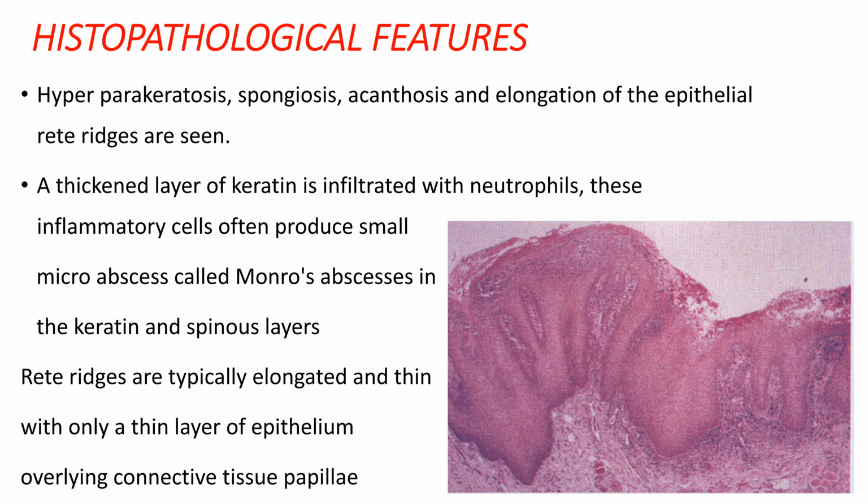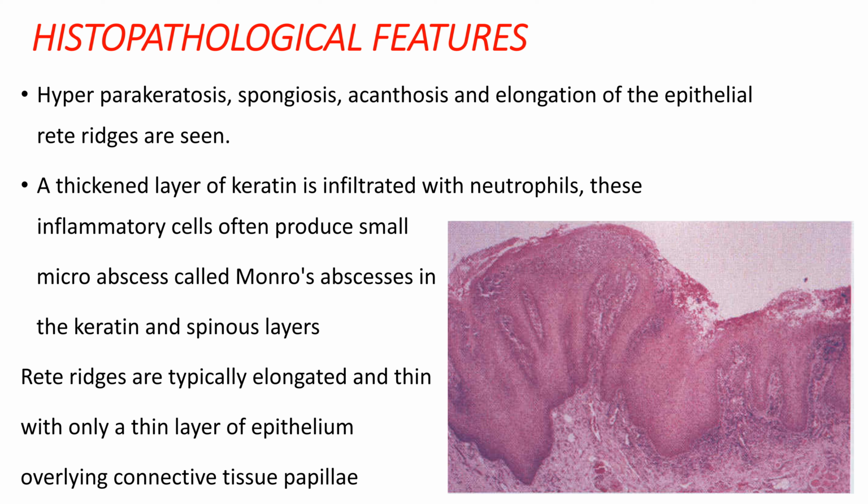A thickened layer of keratin is infiltrated with neutrophils, and these inflammatory cells often produce small microabscesses called Munro's abscesses in the keratin and spinous layers.